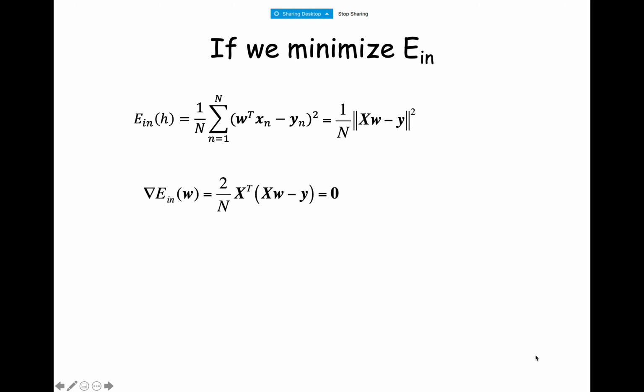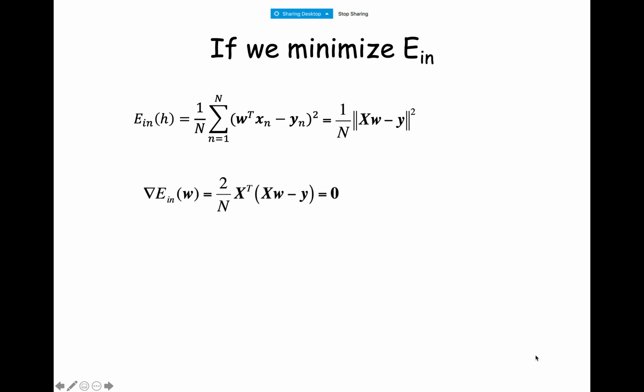So we do that now, and now we're going to bring this term to the other side of the equality, right? And so we're going to add X transpose Y to both sides of this equality. So if we do that, of course, this term cancels out, and we end up with X transpose XW is equal to X transpose Y, right?